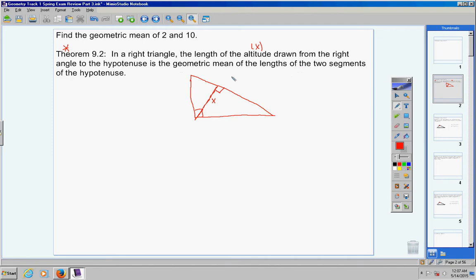Remember, if I say find the geometric mean, I have to have two numbers that I'm using to find it.